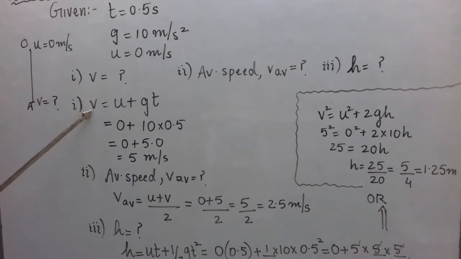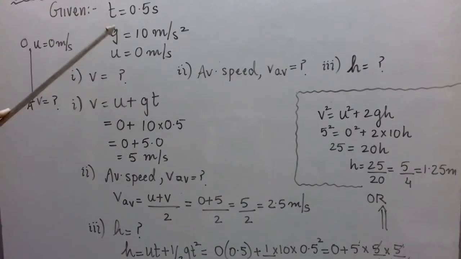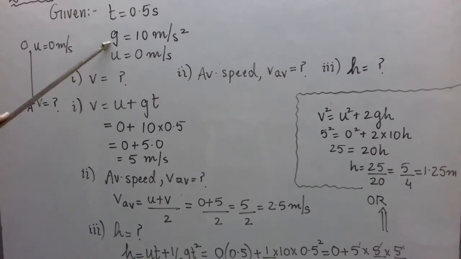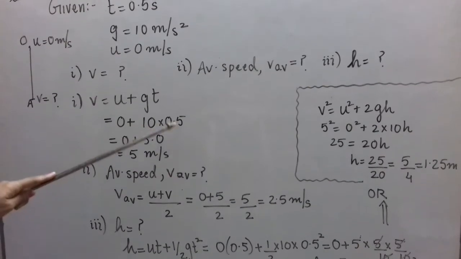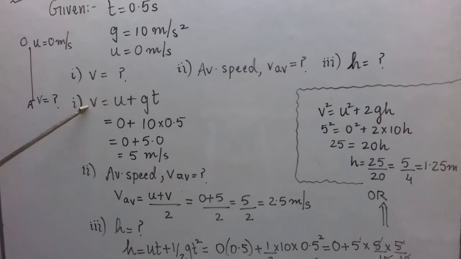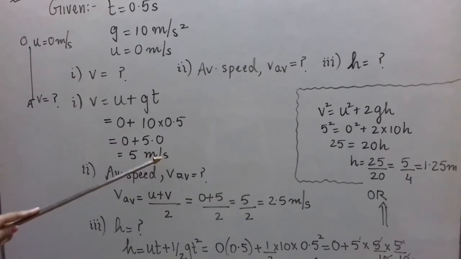So using this equation, we can easily find V. V is equal to U plus gt. U is 0, g is 10. When the body falls down, we know that it is a case of positive acceleration. So g is positive, 10 into 0.5. When you do the simplification, you get the final speed to be 5 meter per second.